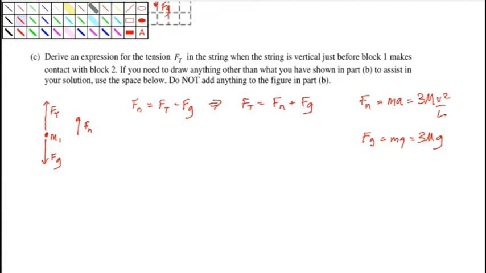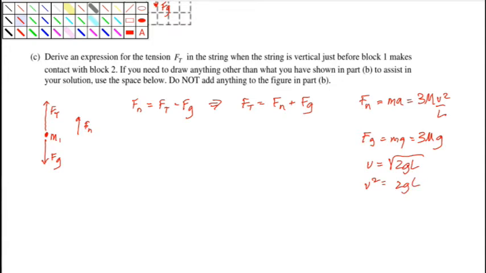And from part A above, what we have is v, the speed of block 1, is equal to root 2gL, and that means v squared will be equal to 2gL.